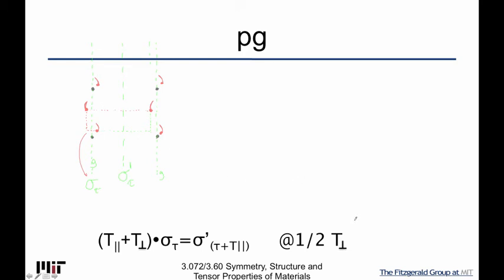So, if we were to write down what happened here, we would say, all right, I had a sigma tau, and I applied a translation to it. In this case, the translation here, the perpendicular part and the parallel part are exactly, they're not at an angle.